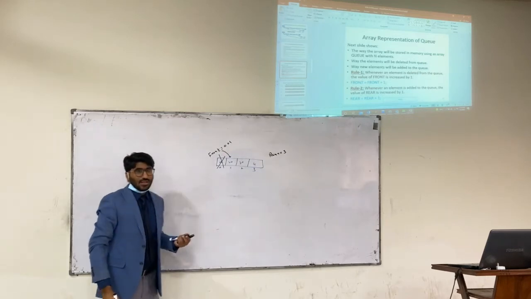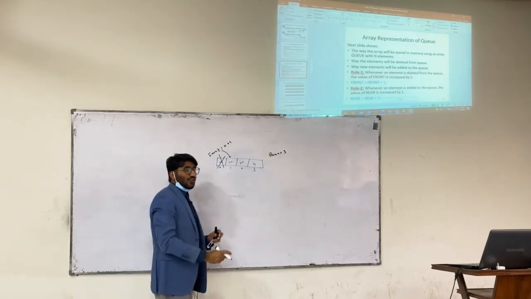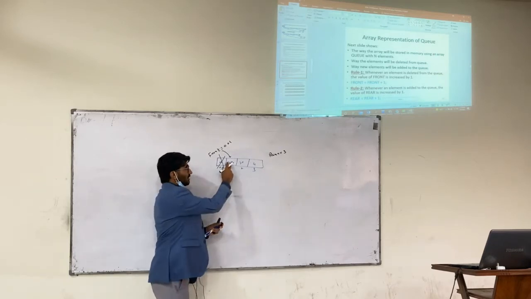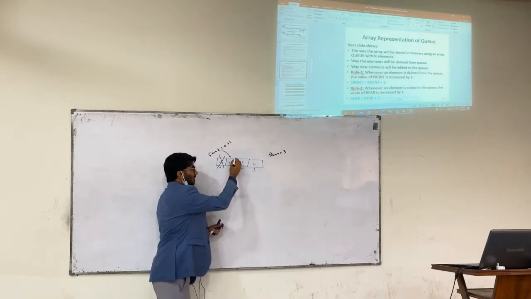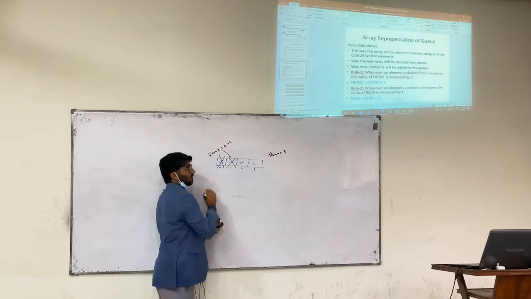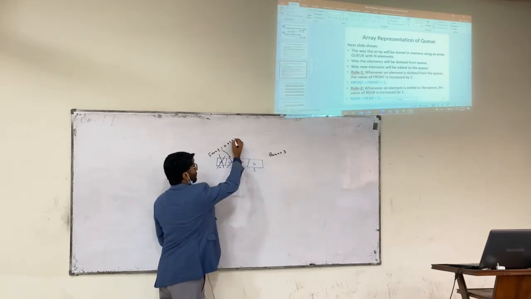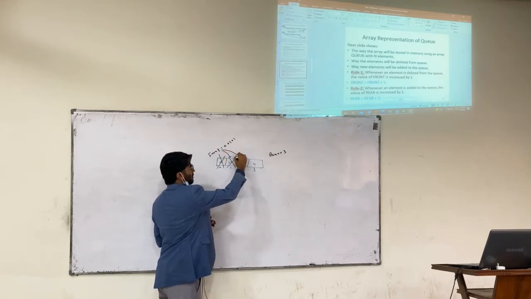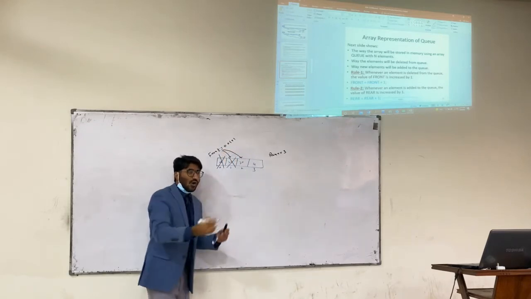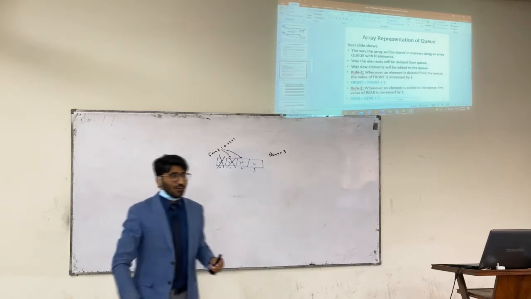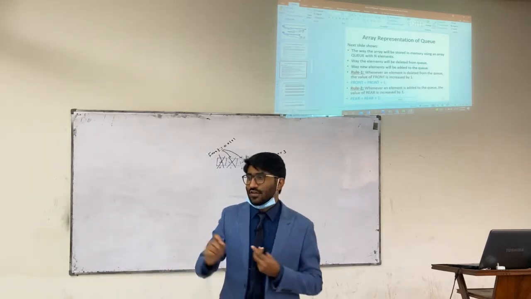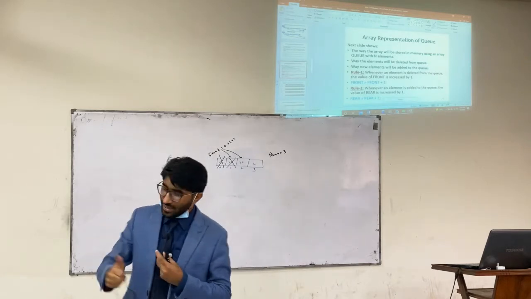Now let's suppose we want to remove the next value, this one. After removal, 1 plus 1, 2. Now front will point to this one, and so on. ये rule कहता है कि whenever any value is removed, the value of front will be increased by 1.